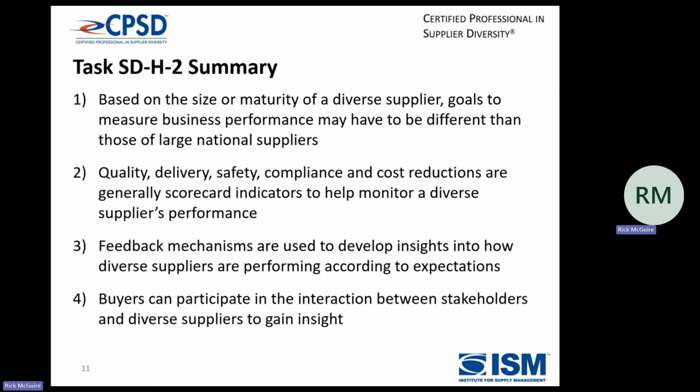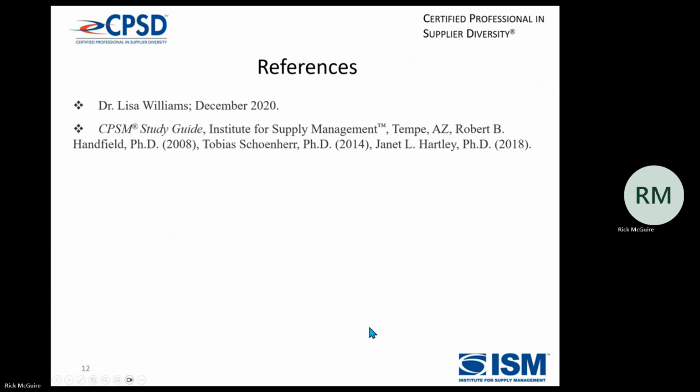Quality, delivery, safety issues, compliance, and cost reductions are all generally scored indicators to help monitor a diverse supplier's performance. Feedback mechanisms are used to develop insights into how diverse suppliers are performing according to expectations. And buyers can participate in the interaction between stakeholders and diverse suppliers to gain insight.